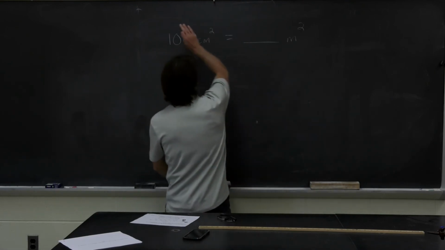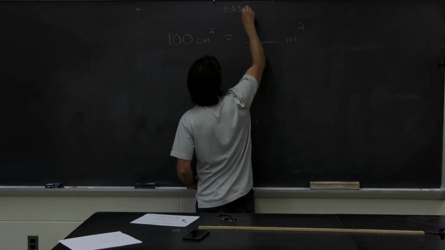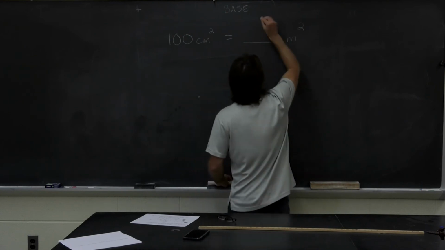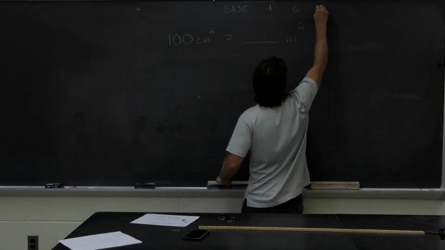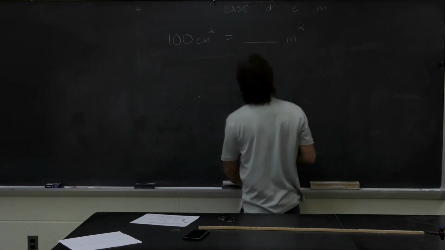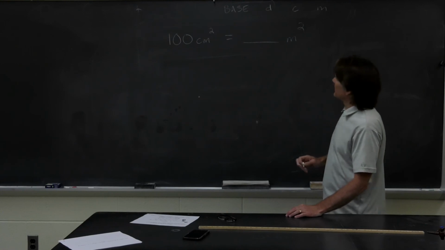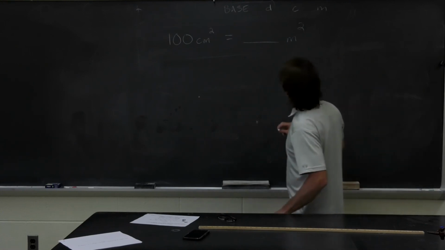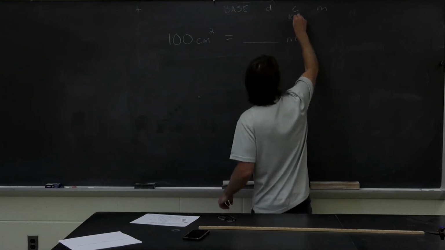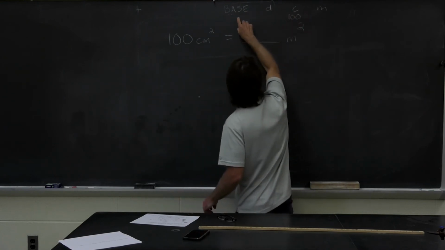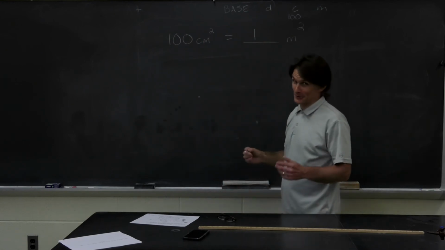So let me draw my chart along here. I'm going to write base, deci, centi, milli. This is really the only portion of the chart that I need for this particular problem. I'm going to put 100 in the centi space, and I want to move to the base. If you did that, you're not correct.